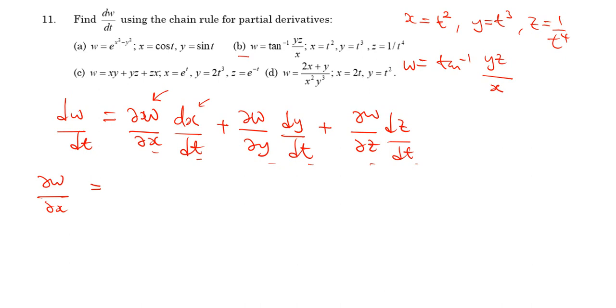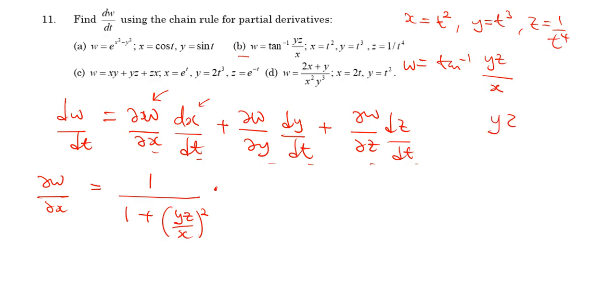So how is this going to be? You say 1 over 1 plus this function which I have, that is yz over x, the whole thing squared. That's the first thing. But then you have to differentiate the same function with respect to x.